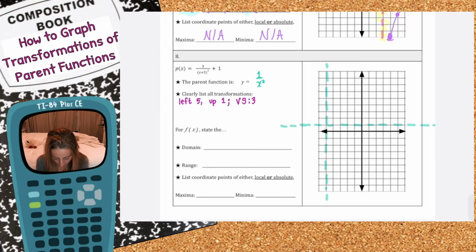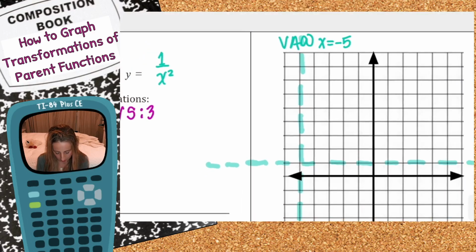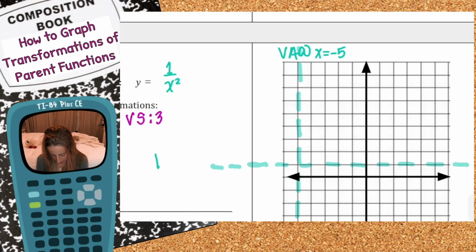Like before, we can actually write the equations like I did in that last example. So here you have a vertical asymptote at x equals -5, and we have a horizontal asymptote at y equals 1.